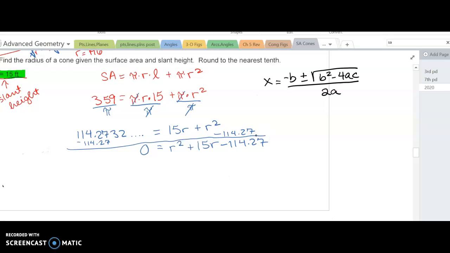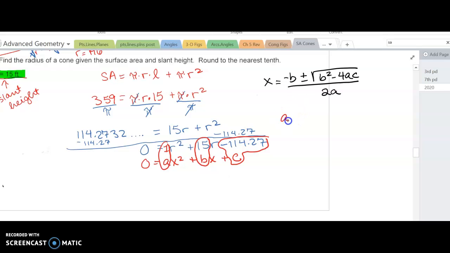Okay, and so if this is in standard form, ax squared plus bx plus c, then our a would be a coefficient of 1. It's whatever your coefficients of those are, that's the number. So b would be 15, that's the number in front of r, and c would be the 114.27.